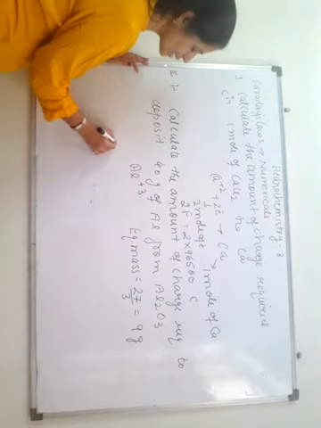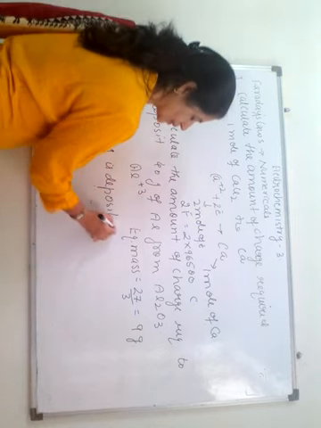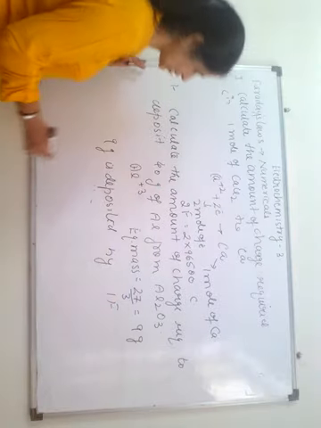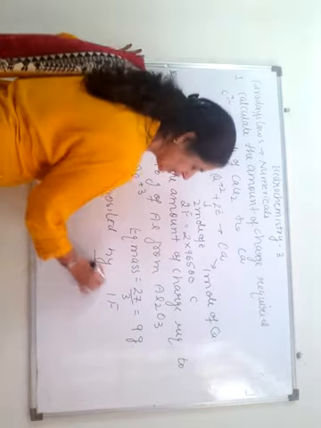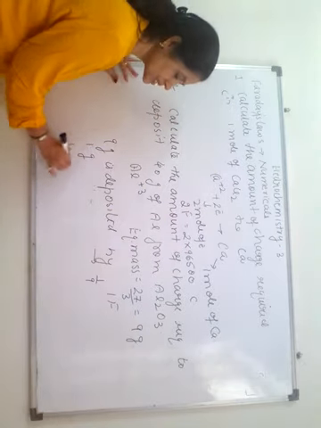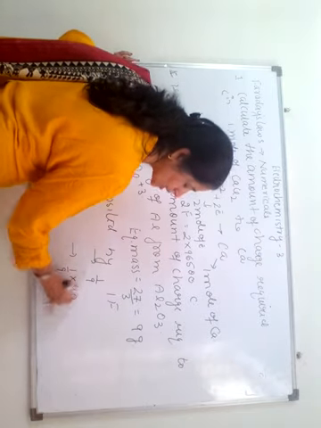So 9 grams is deposited by 1 Faraday, or 1 mole of electrons, and therefore 1 gram is deposited by 1 upon 9 Faraday. And 40 grams is deposited by 1 upon 9 into 40 Faraday.